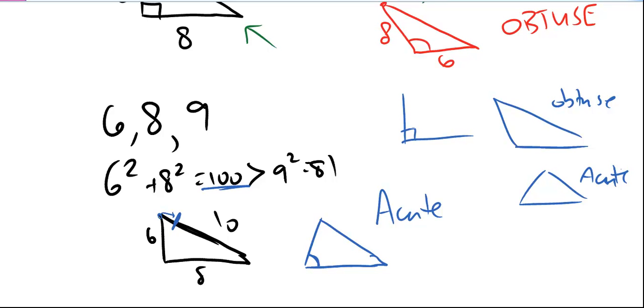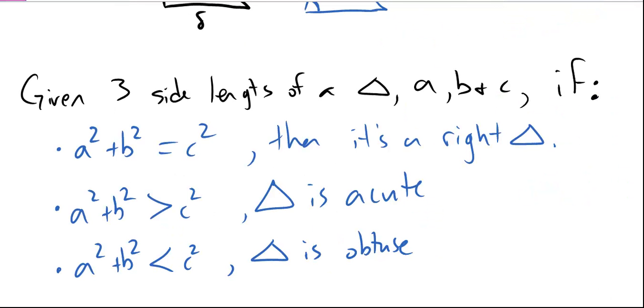So we can generalize this, and I'll write down a quick little formula for you. Given the fact that we have a triangle, in other words, the triangle inequality has to hold, so we know it does make some sort of triangle, then I can look at a relationship of the sides squared to determine whether it's a right, acute, or obtuse triangle.